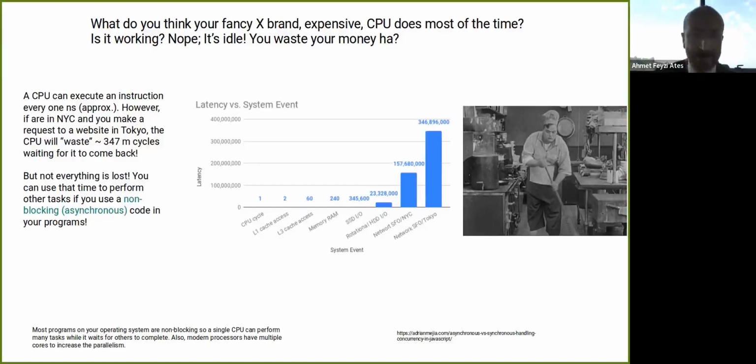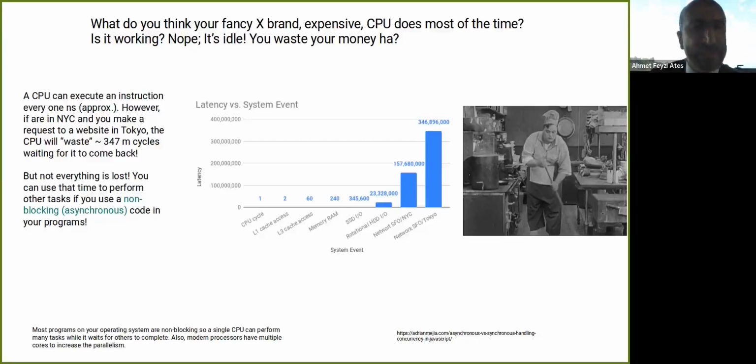There's a table on the screen, maybe you can see, latency versus system event: CPU cycle, L1 cache access, L3 cache access, memory RAM, to the network to Tokyo, a networking event. You know, CPUs, I am talking about a one-core CPU, are not parallel.